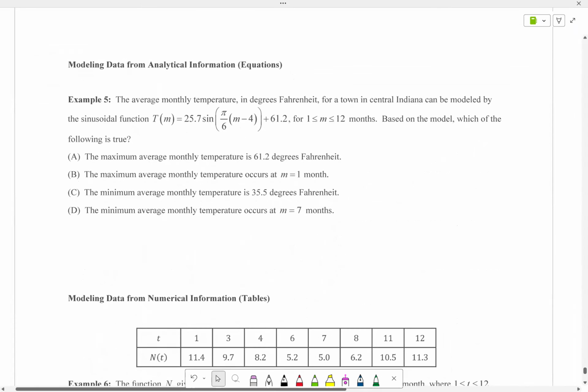Okay. Example 5. This should be quick. So again, we need to move on. You guys are talking.